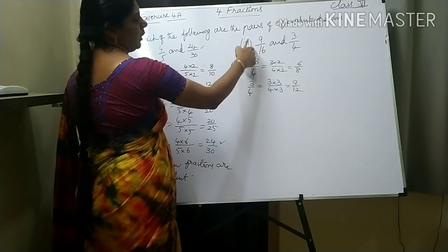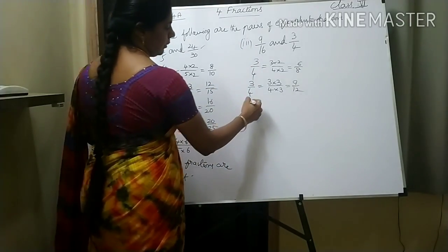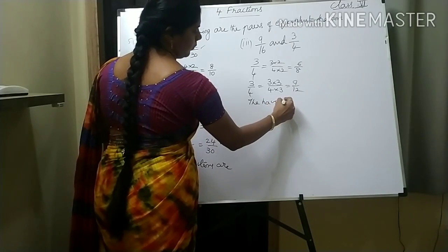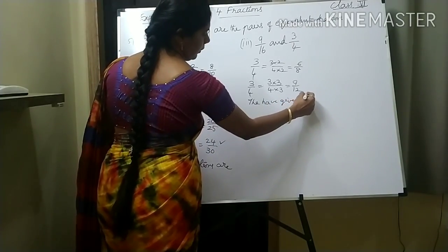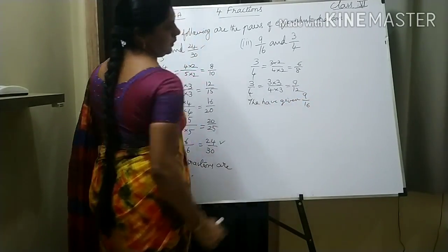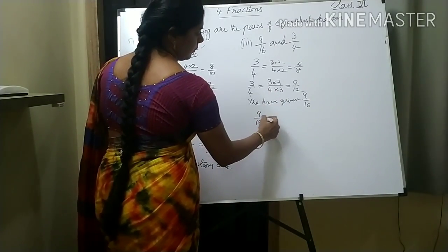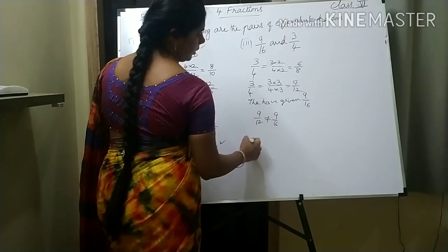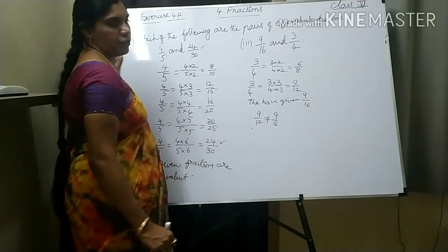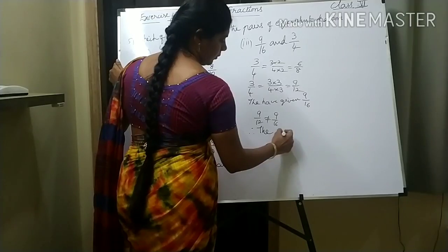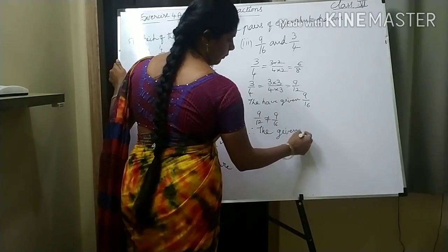But what have they given? 9 by 16. They have given 9 by 16, but 9 by 12 is not equal to 9 by 16. Therefore, the given fractions are not equivalent fractions.